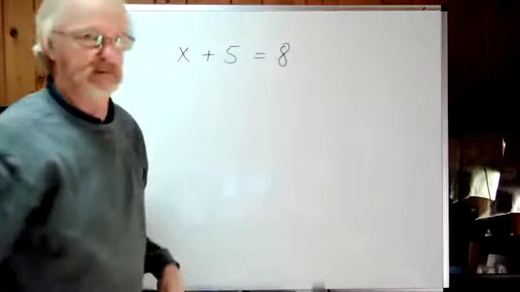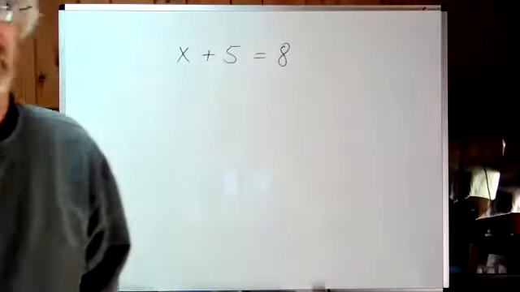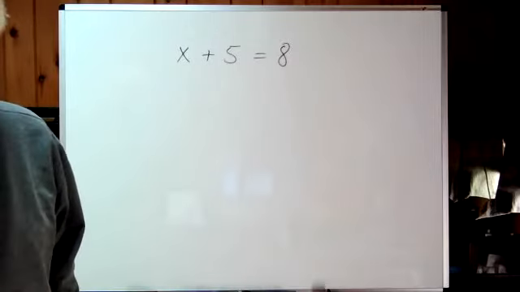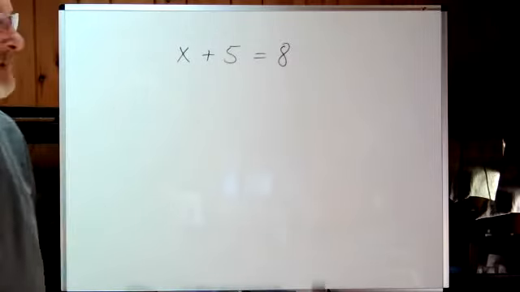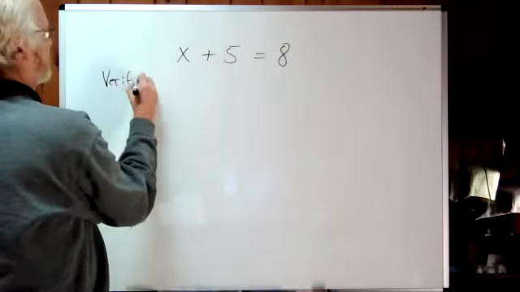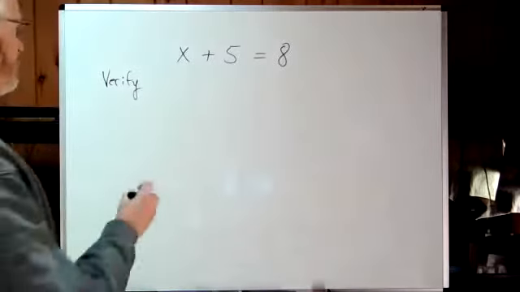Here's an example of the type of equation we're going to start with in 2.1 and look for solutions to. To begin with, we'll be asked to verify: is a certain value a solution to that equation?